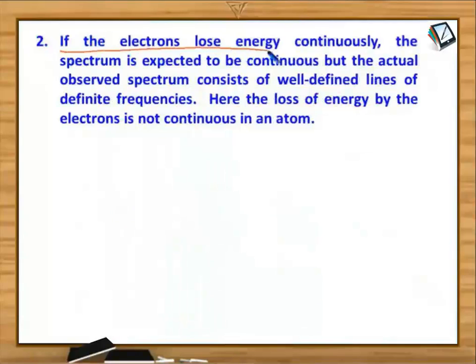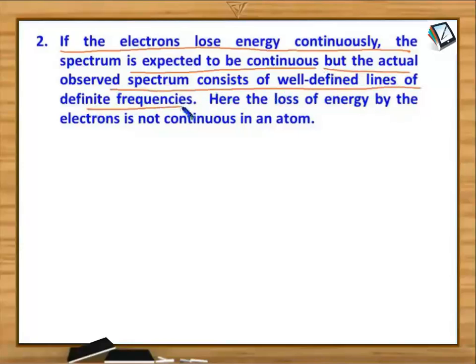And what is the second drawback? If the electrons lose energy continuously, the spectrum is expected to be continuous. It means atoms should always give a continuous spectrum. But the actual observed spectrum consists of well-defined lines of definite frequencies. Or we can say that atoms generally give a non-continuous or discontinuous spectrum.